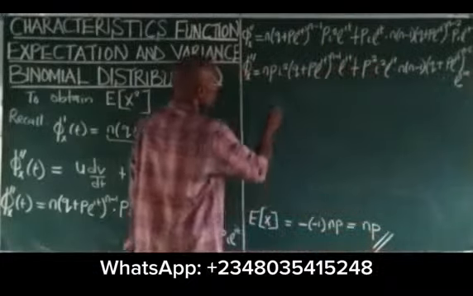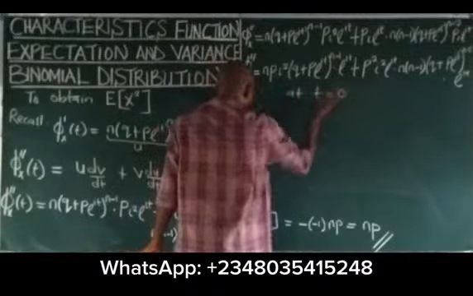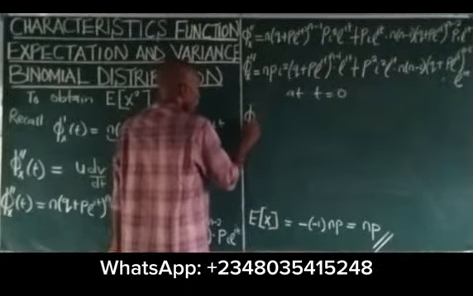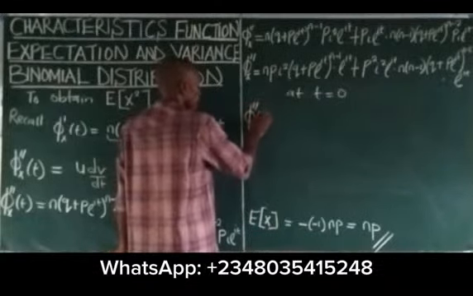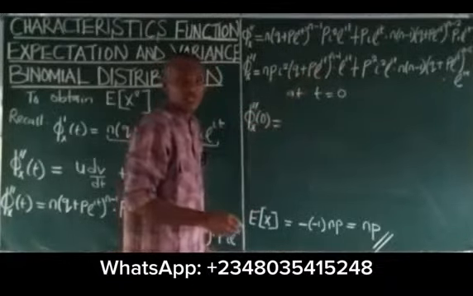So the next thing to do, we say at t is equal to 0. At t equal to 0, our characteristic function will give us, anywhere we see t, we put 0.